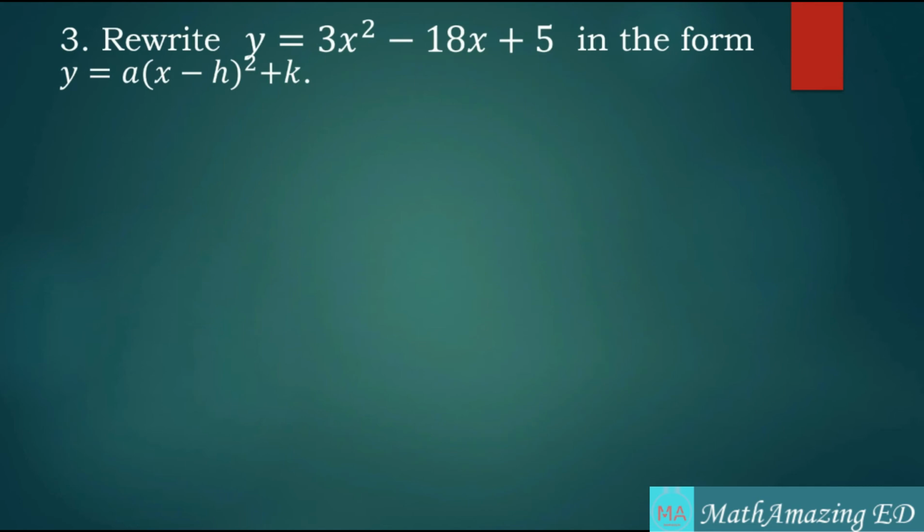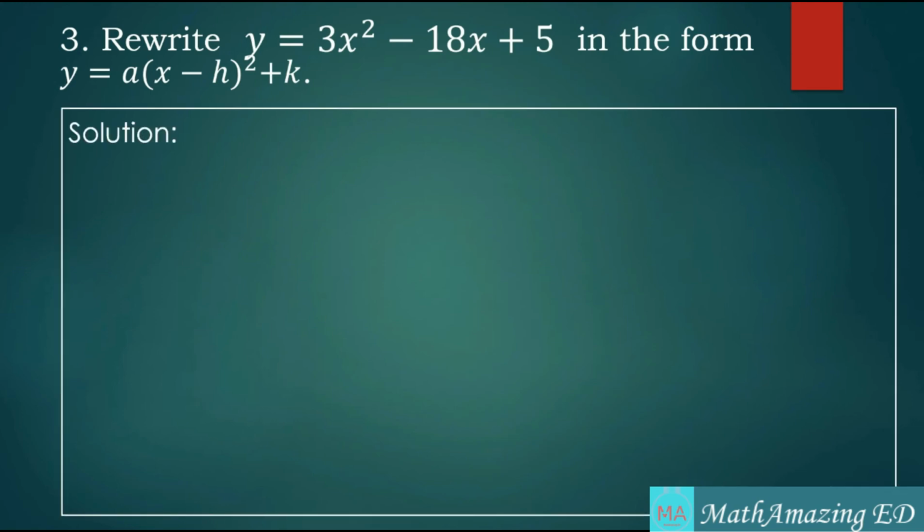Now for our third one, we're going to rewrite y = 3x² − 18x + 5 in the form y = a(x − h)² + k. Unlike the previous two examples, we have a coefficient for our x².